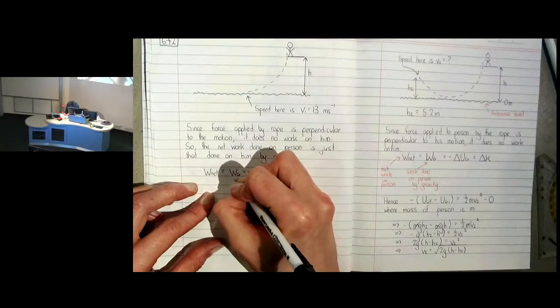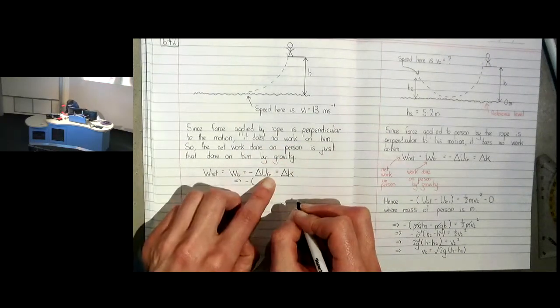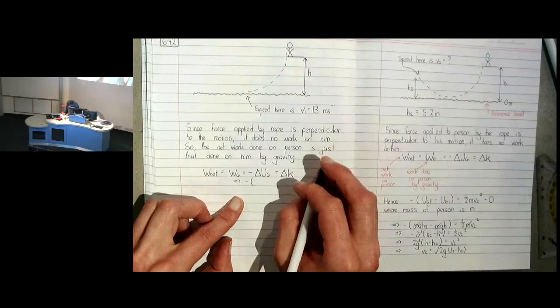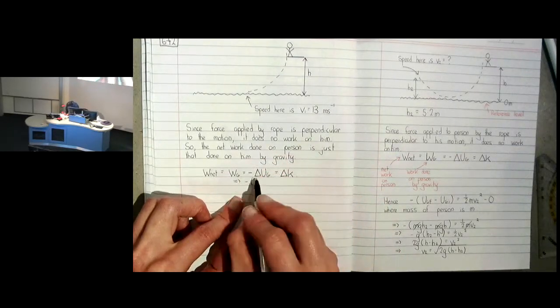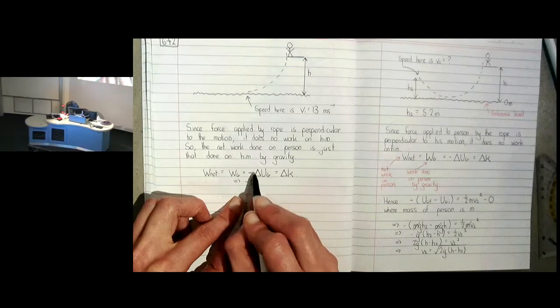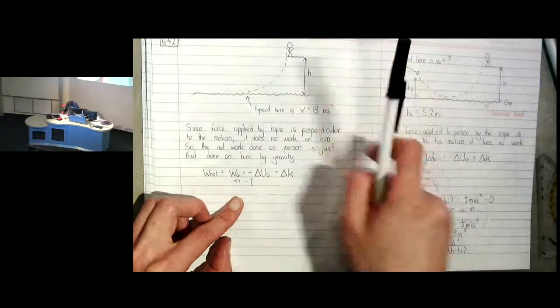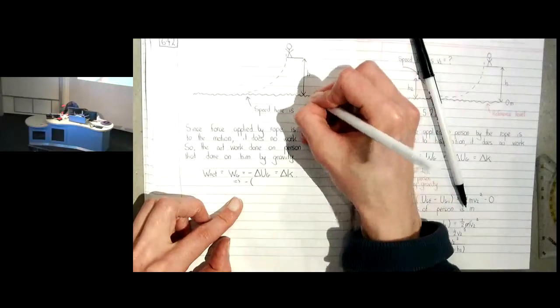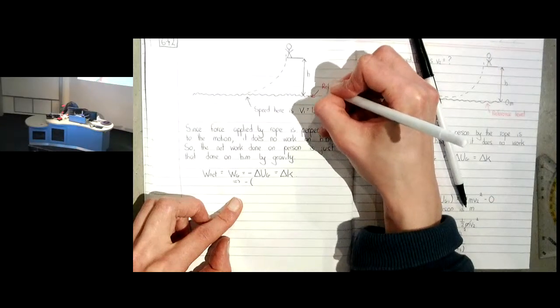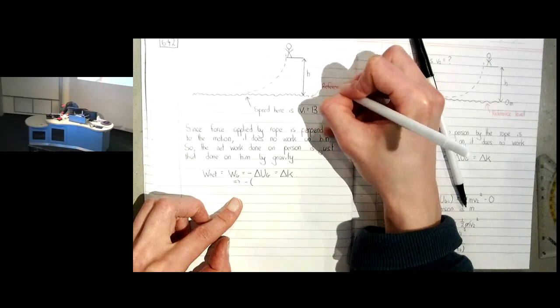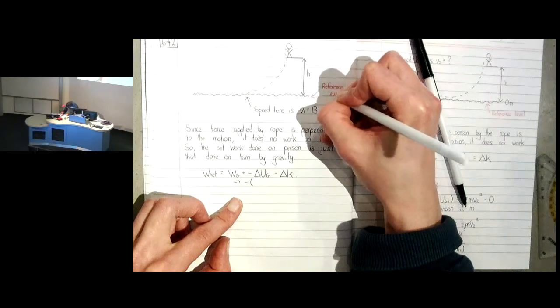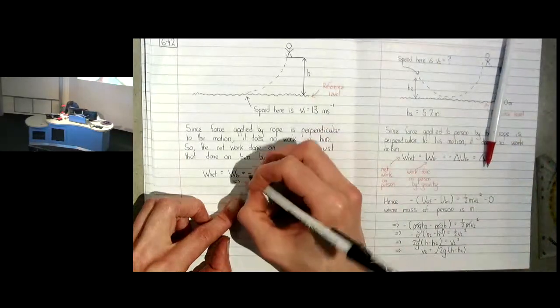If we now write down the change in gravitational potential energy, his final gravitational potential energy, well, if this is the reference level, then since he let go at the reference level, his final gravitational potential energy is just going to be 0.